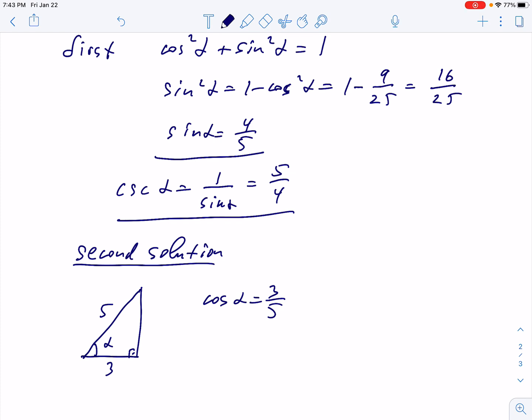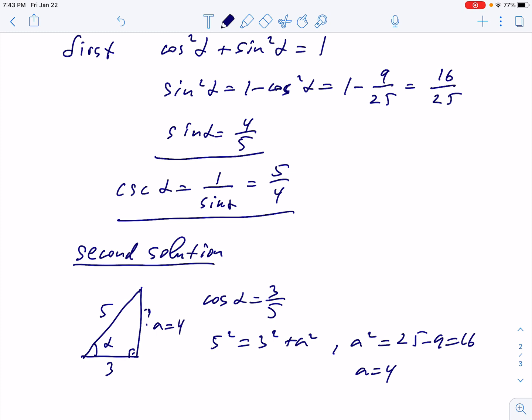Now, in this triangle, for this angle, cosine alpha is 3/5. We want to find the sine. So we want to find the other side, and we use Pythagorean theorem. Let's call this side A. 5 squared will be 3 squared plus A squared. A squared will be 25 minus 9 will be 16, so A will be 4.